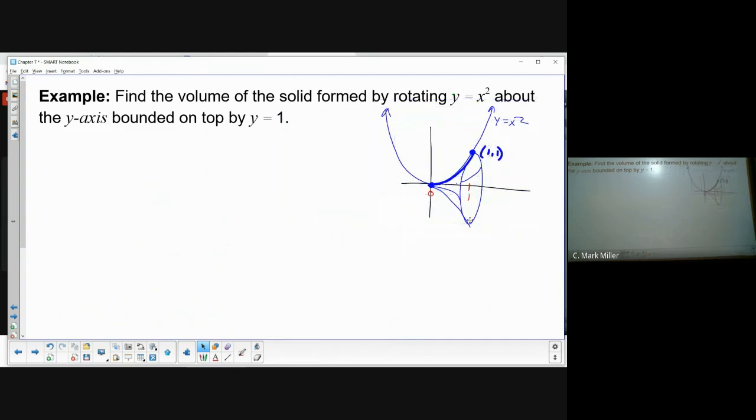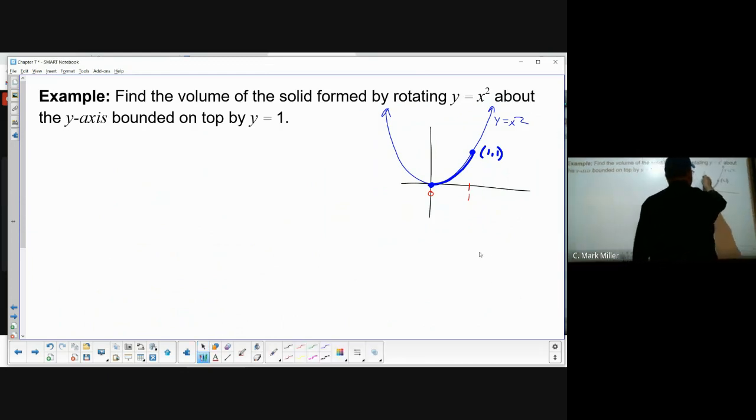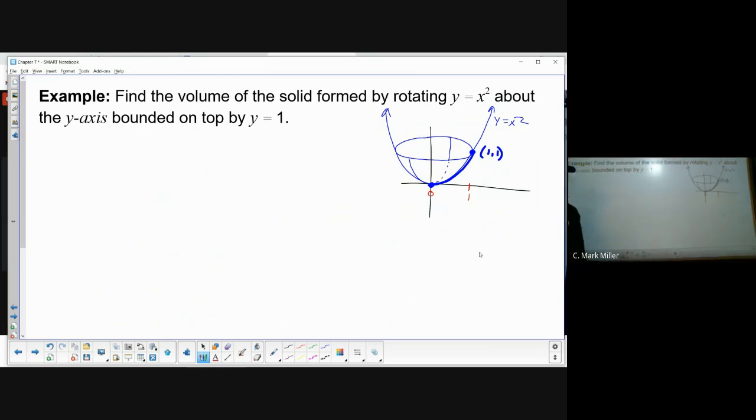Except now we aren't revolved around the x-axis. We're revolved around the y-axis. But now we have a little bit of a problem in that our function is of x revolved around the y-axis. That is not the setup you want for the disk method.